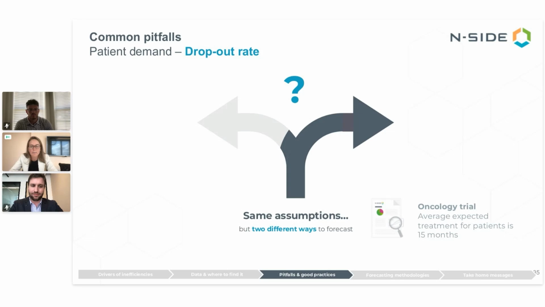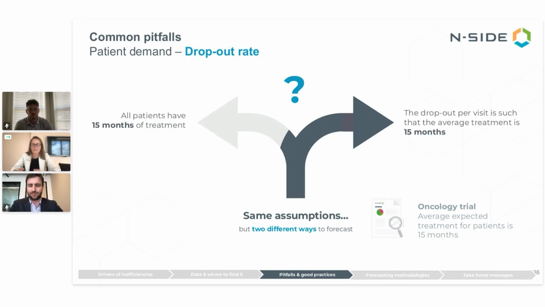The simplified way to forecast this is just considering that all patients will go through these 15 months of treatment, and that's something we usually see within the trials we are involved in at Insight. The alternative is to use a dropout per visit such that the average treatment is 15 months, but where we consider that patients can drop before or stay longer. And this has its importance as well.